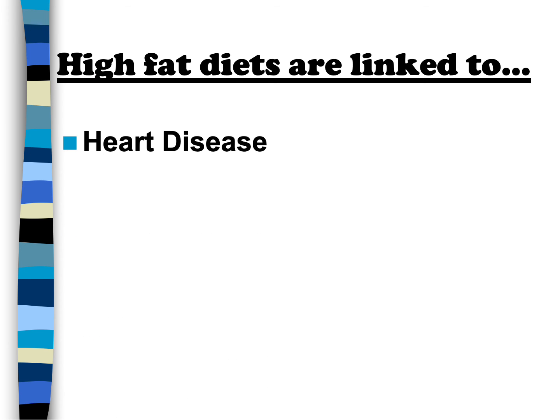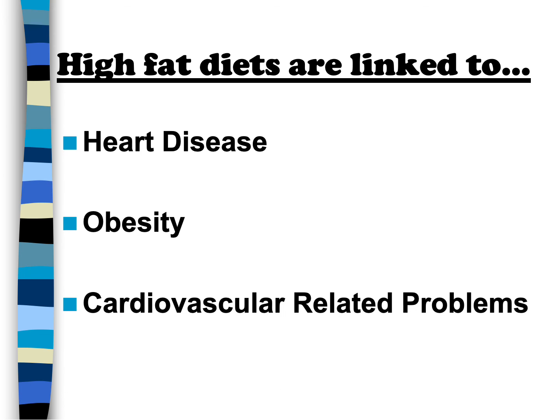So, for example, when you're looking at heart disease, obesity, cardiovascular related problems, cardiovascular being all about the heart, this is where high-fat diets become linked to these sorts of things. They are also considered to be diets high in saturated fat, and this is what can really lead to this.